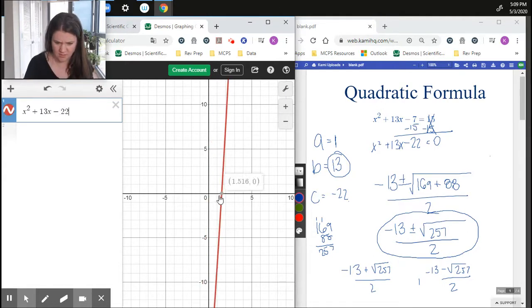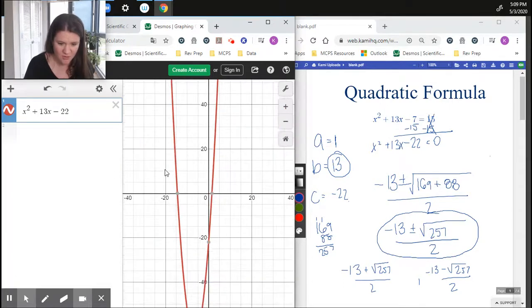And you're like, oh, that's really, there's a 1.516, right? And if I zoom out, here's my other one of -14.516. So plugging it into Desmos still gets you the right answer. And if the question is estimate, there it is.